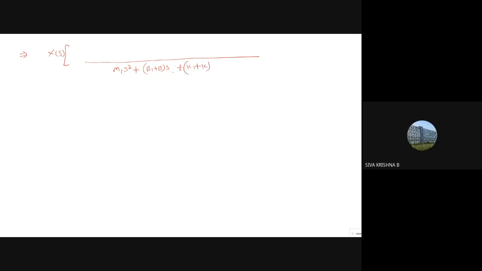So this term is multiplied by this left, that means the first term, that is m2 s square plus b2 plus b into s plus k, is multiplied by this denominator term, right?